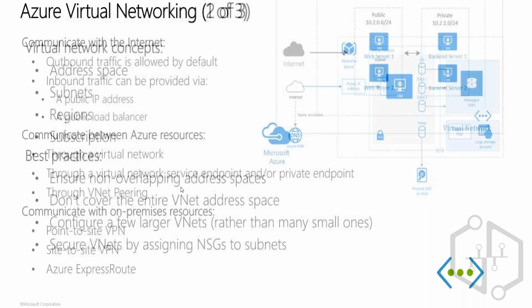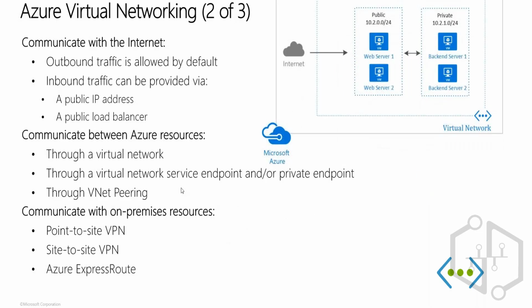Let's move ahead. Now, whenever you have subnets being created, within each subnet, you can create multiple virtual machines over here. Okay. So once you look at these virtual networks, these are foundations for your virtual machines.